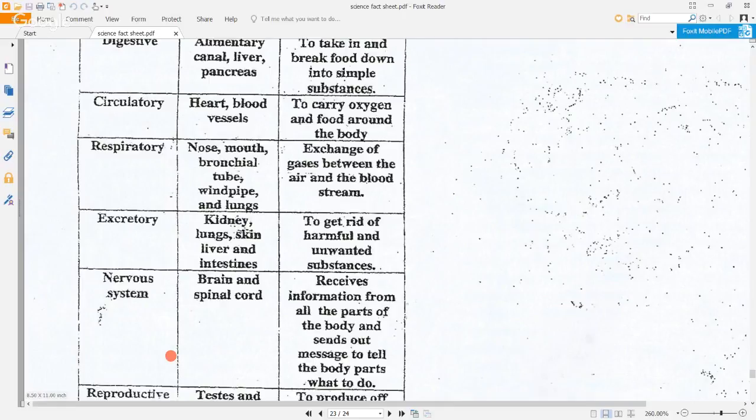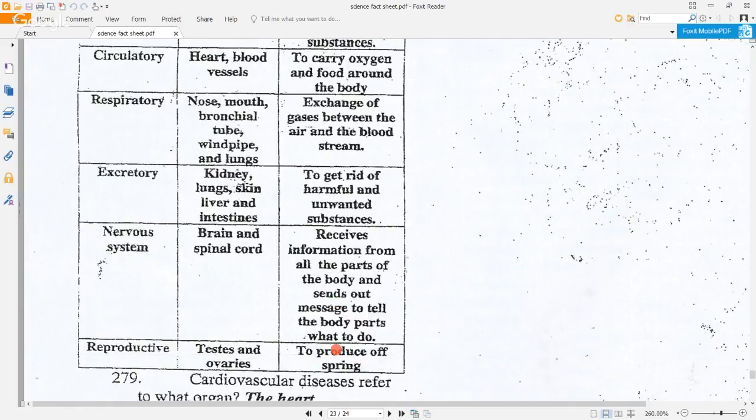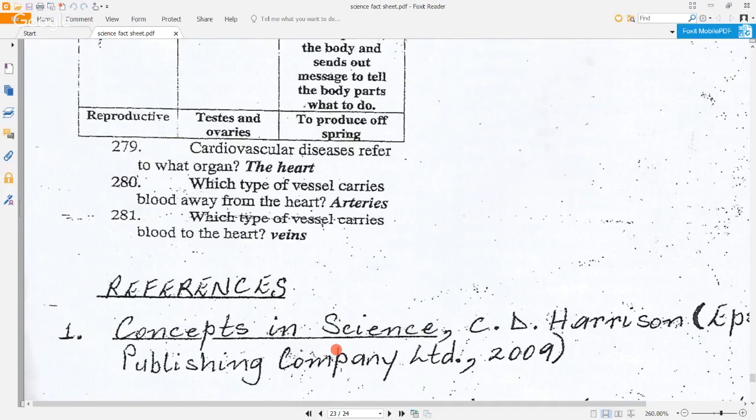Nervous system: we have the brain and the spinal cord. Function: receives information from all parts of the body and sends out messages to tell the body parts what to do. We have the reproductive system, which consists of the testes and ovaries, and its main function is to produce offspring.